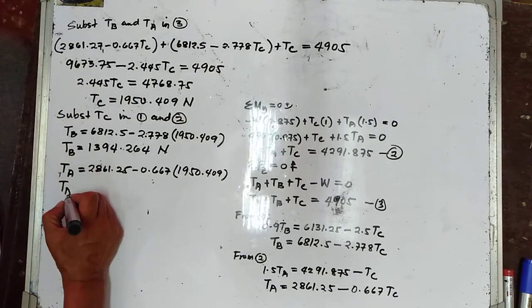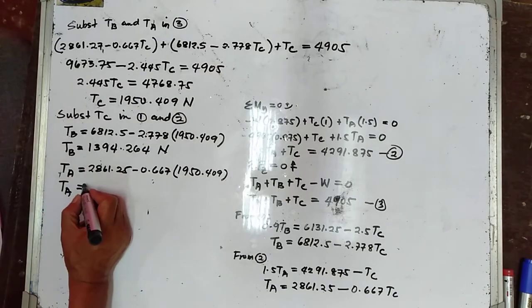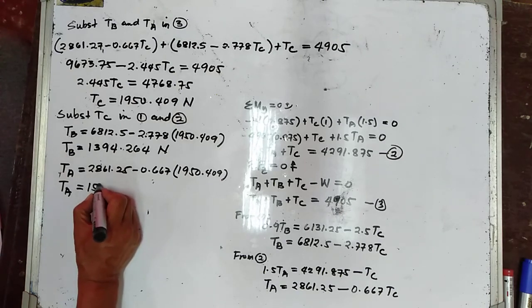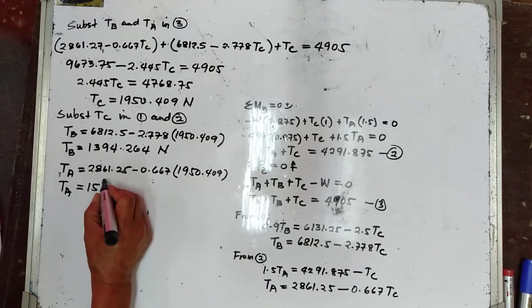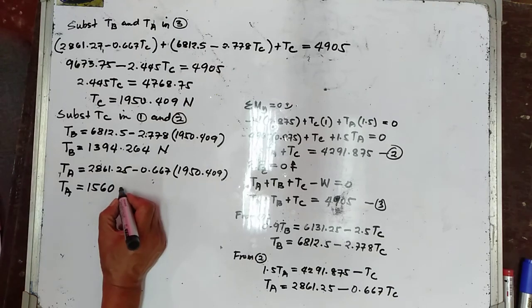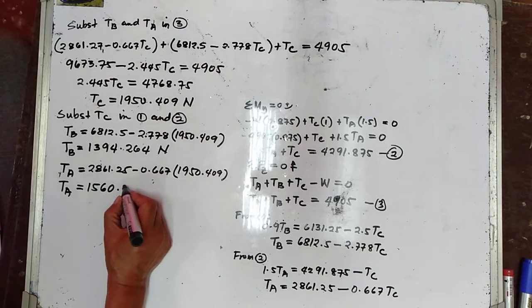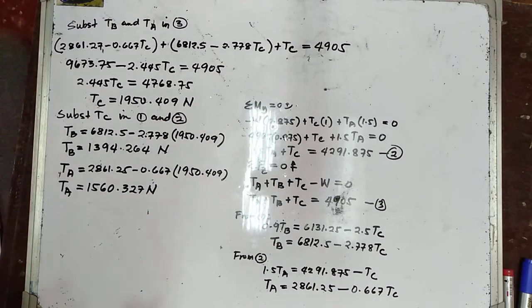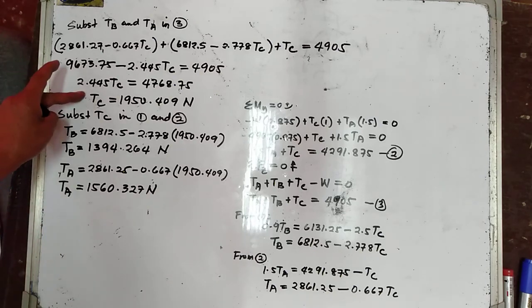So TA is now equal to 1560.327 newtons. So those are now the tensions in cable A, cable B, and cable C.